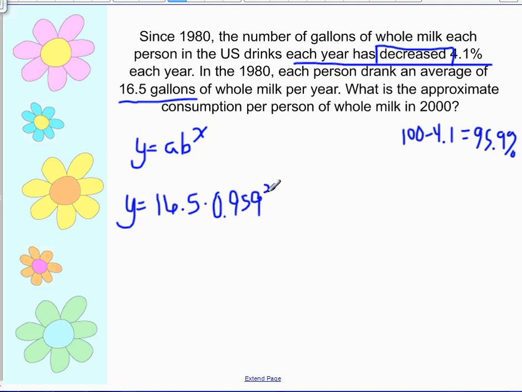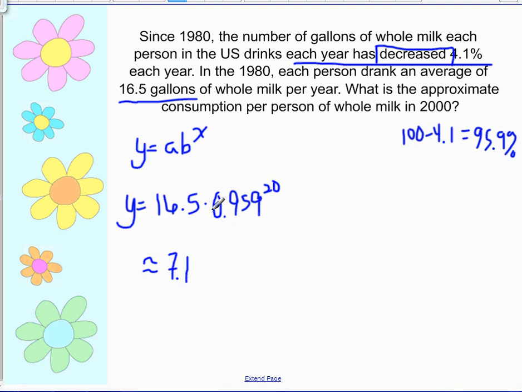So you put that to an exponent of 20 years. All right, so after doing some calculations and plugging this into your computer, you're going to get approximately 7.1.